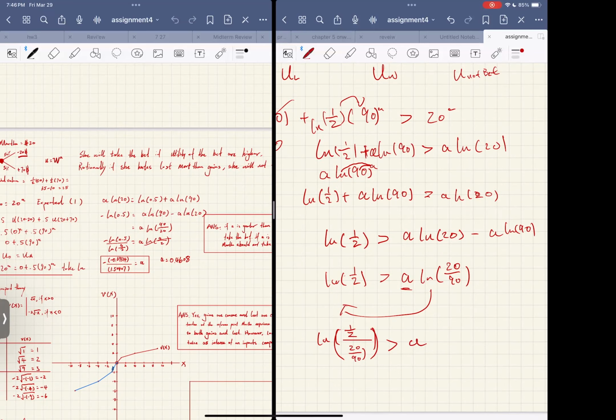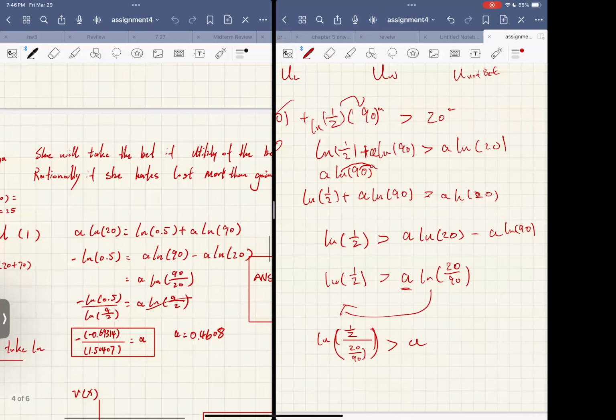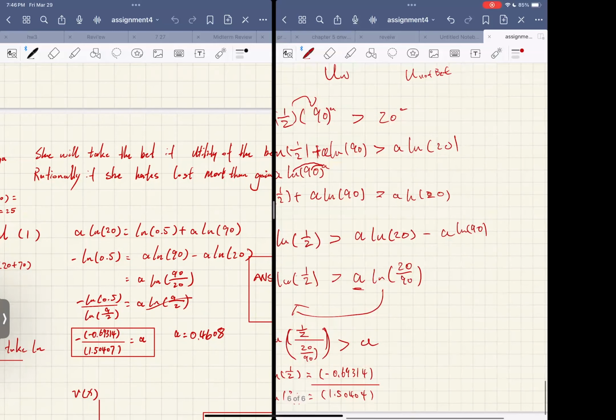And then if you do that, ln of 1/2 equals negative 0.69314 divided by 1.50404. So this is ln of 2 over 9. And then you get an a.